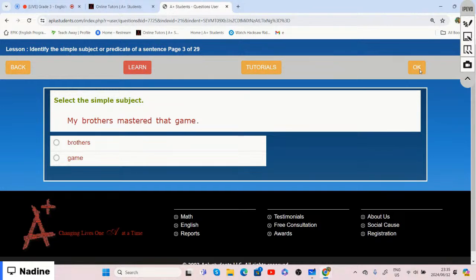So we need to select the simple subject that either tells us who is doing something or what is doing something within the sentence. Remember, only the noun or only the pronoun without all the other extras. So is it brothers or is it game?